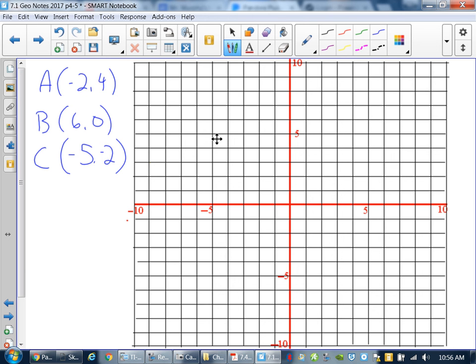All right, let's plot them. -2 and 4. -2, 4. One goes to -2. 6 and 0. -5, -2.